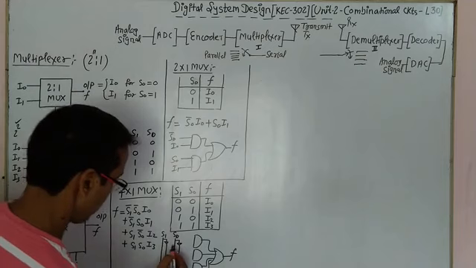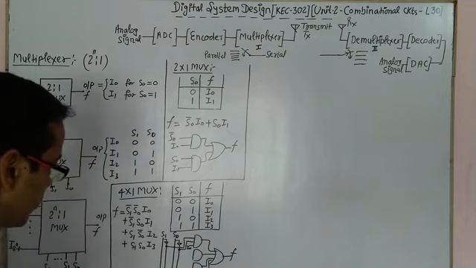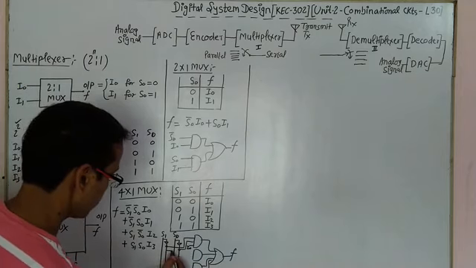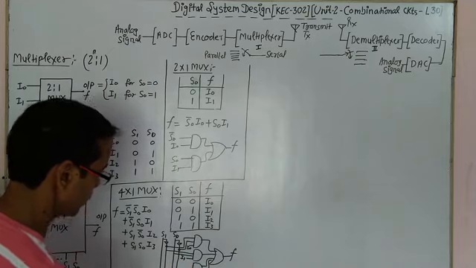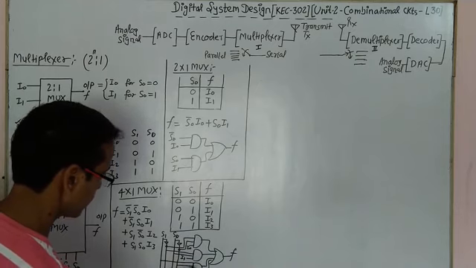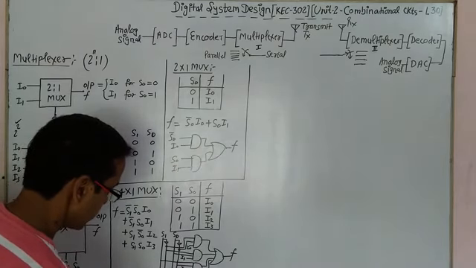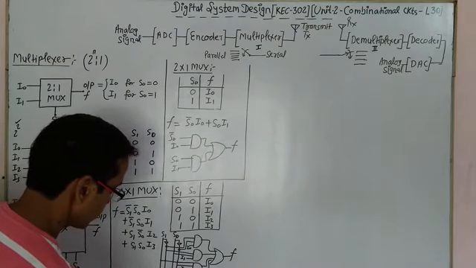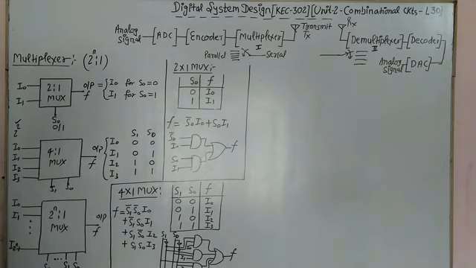So the first term is S1 bar S0 bar I0, then S1 bar S0 I1, then S1 S0 bar I2, and S1 S0 I3. In this way you can implement it.